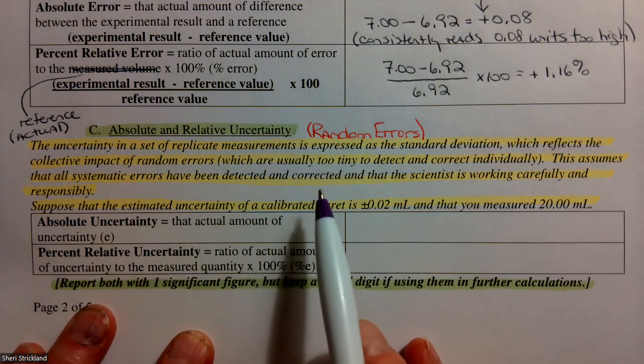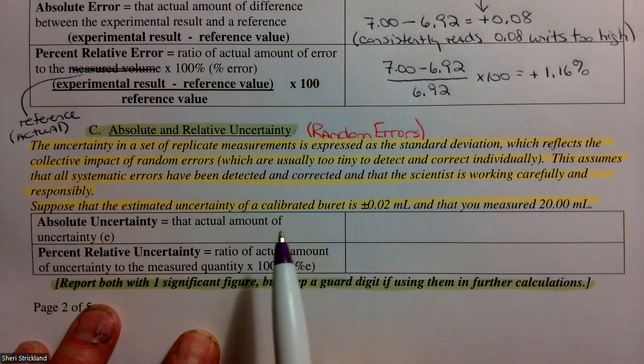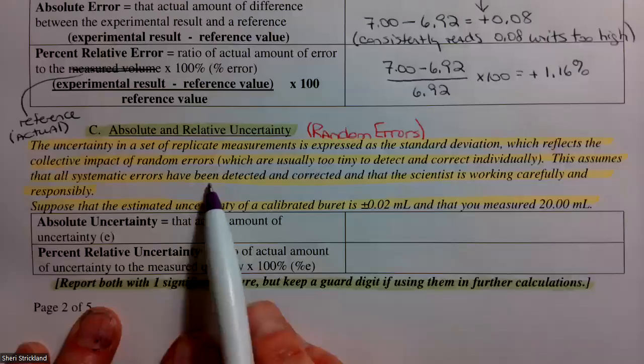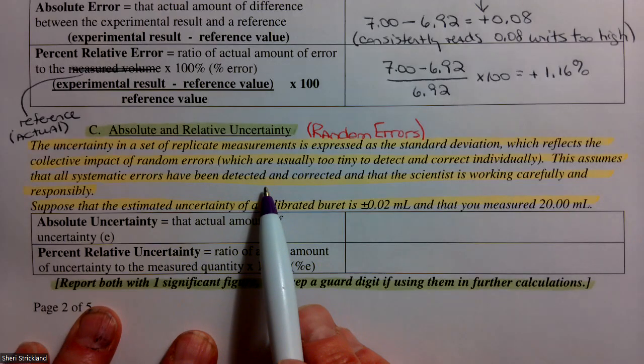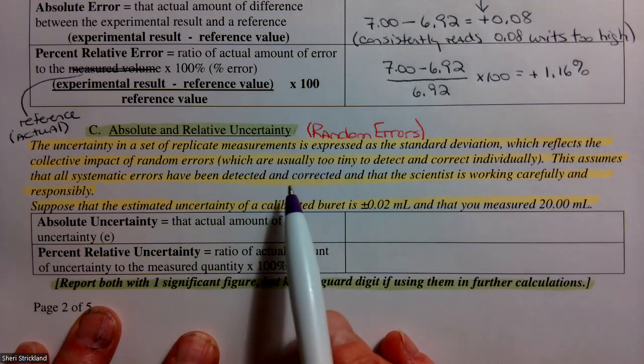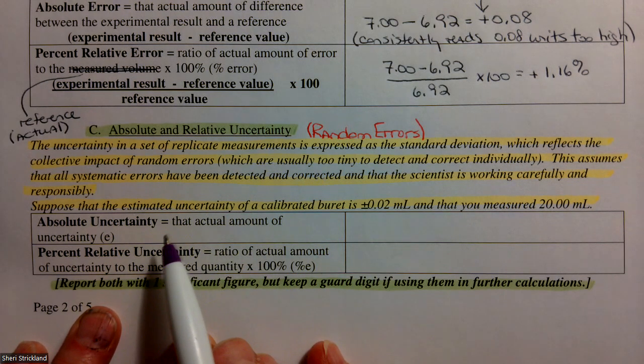So random errors do not include talking about human error. No, human error is generally under systematic errors, and you can learn how to do things well. So we're assuming that part has been done and that all the instruments have been calibrated. And we're just dealing with the little things that we cannot control.